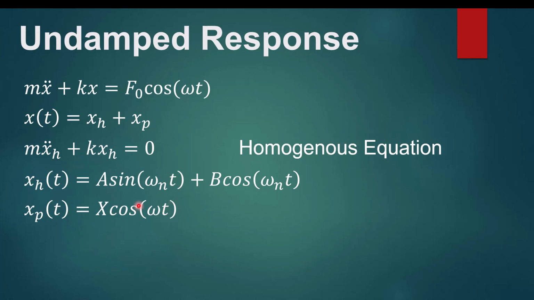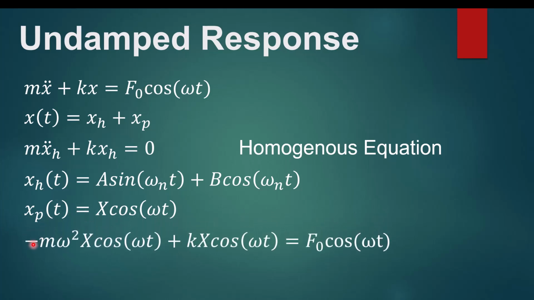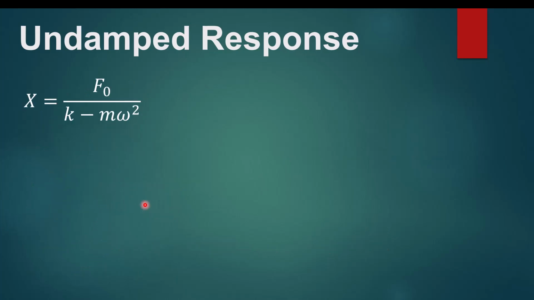So if I put this answer into this equation, I come up with this equation. So this is mx double dot, and this is kx, and this is f. If I cross out the cosine terms, I come up with a simple equation which gives me x, and x is the amplitude of this particular answer.